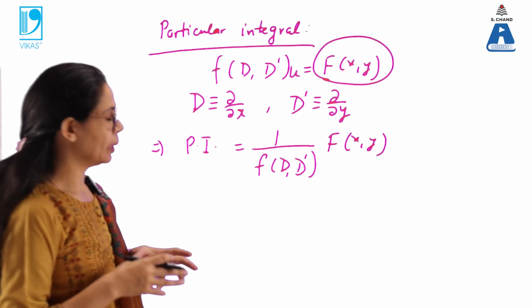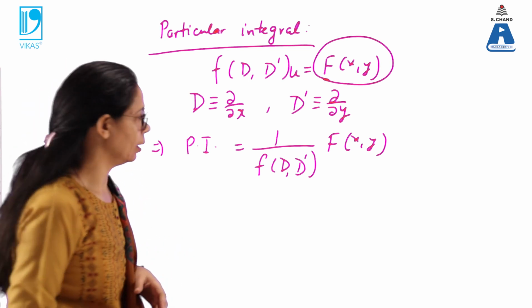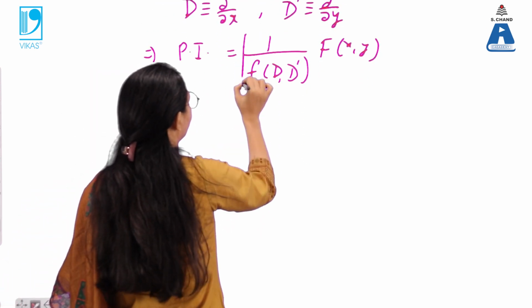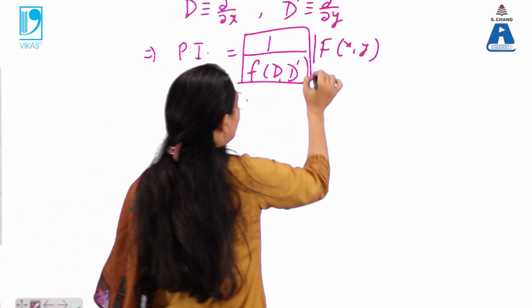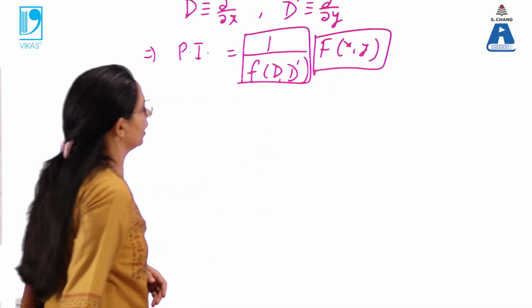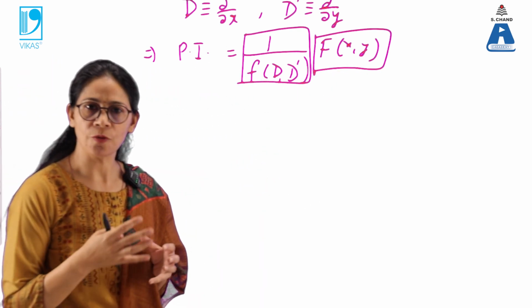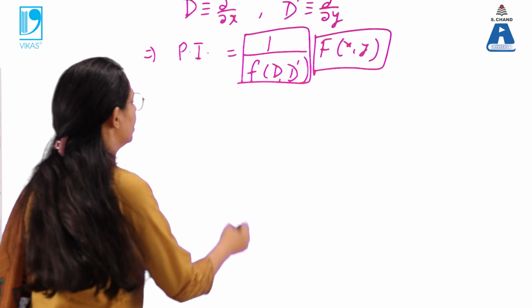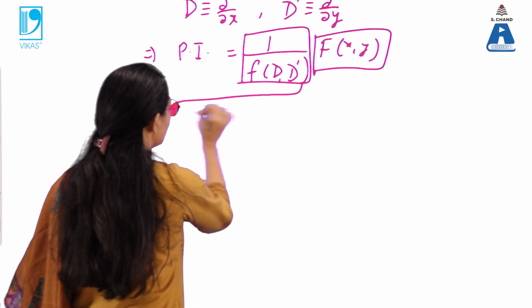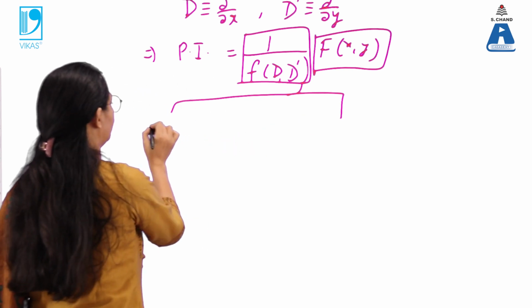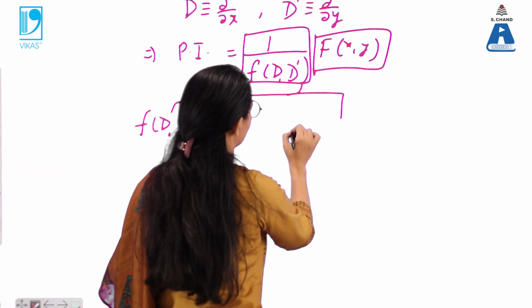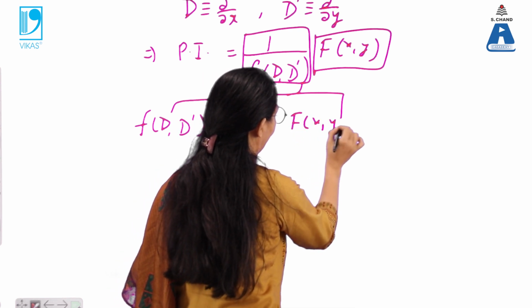Now, to find the particular form for this particular integral, since it depends on these two parts, f(D, D') and f(x, y), the techniques will also be divided into two categories. One is for f(D, D'), and another is for f(x, y).